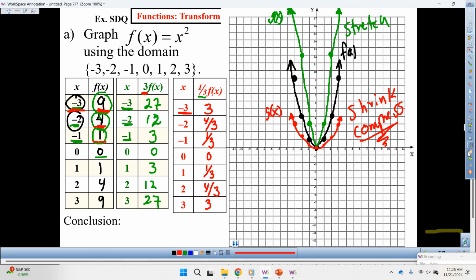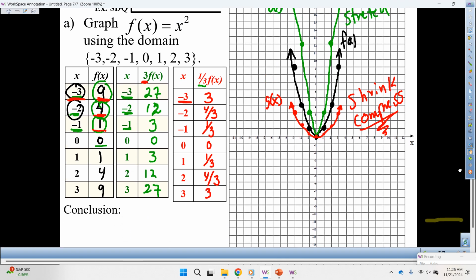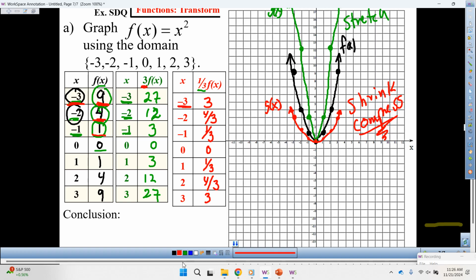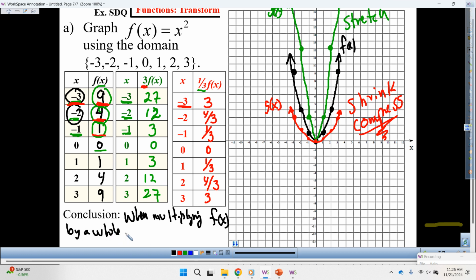So, conclusion. When multiplying f of x by a whole number, right? That's what we did here.